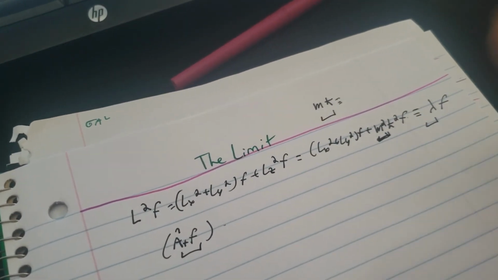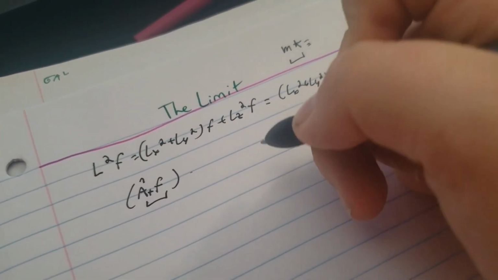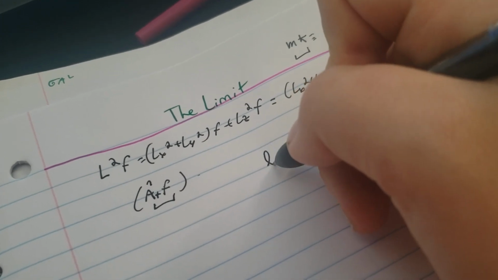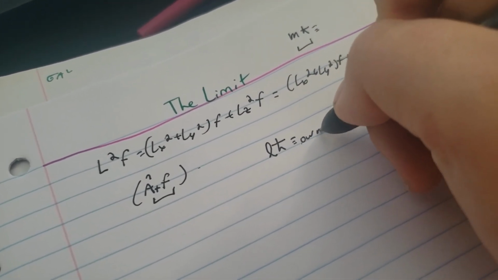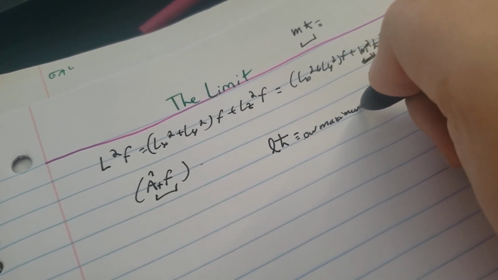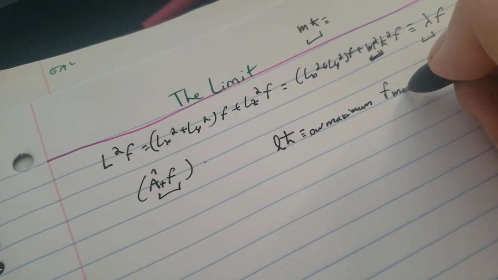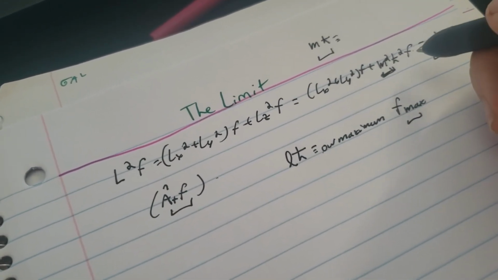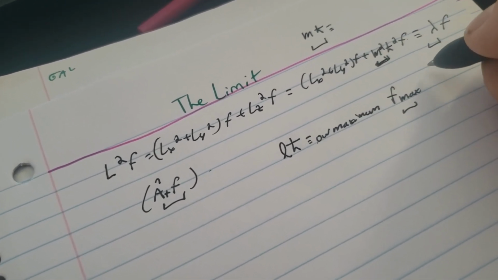So we're going to propose that our Lz has a maximum value of l h bar, in the state f max, which is an eigenstate as per usual of Lz with total angular momentum lambda.